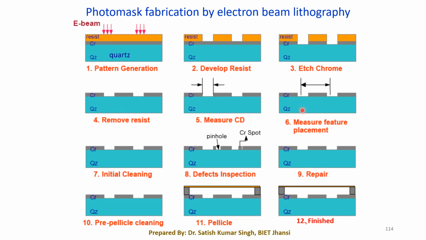If it is not met, then we can go for initial cleaning if some defects or contaminants are there. Then we have to look for defects and inspections. Sometimes some of the chromium also gets removed, which is not desired. Let us say some chromium got removed from this portion but it was not desired.